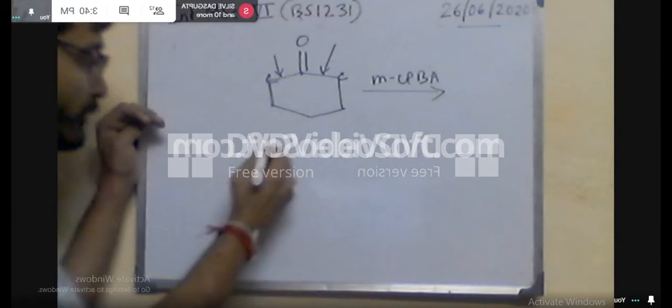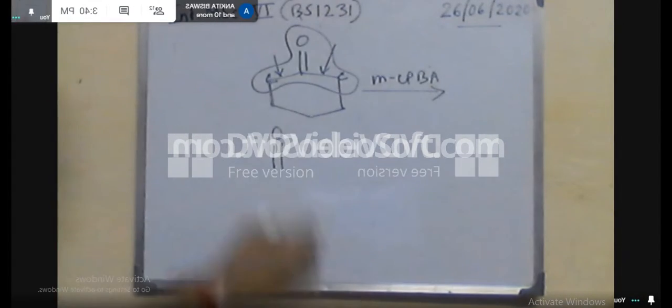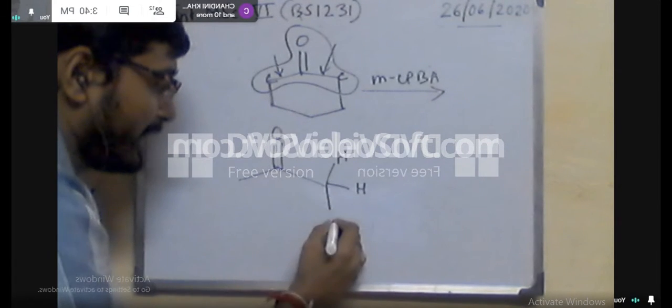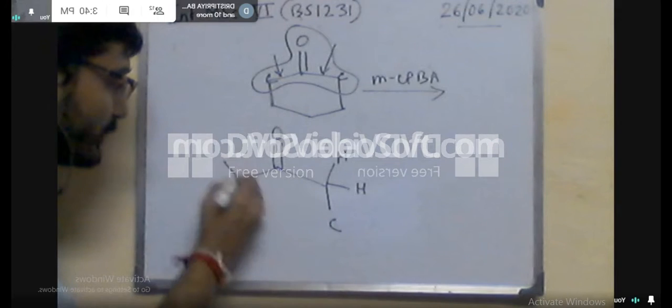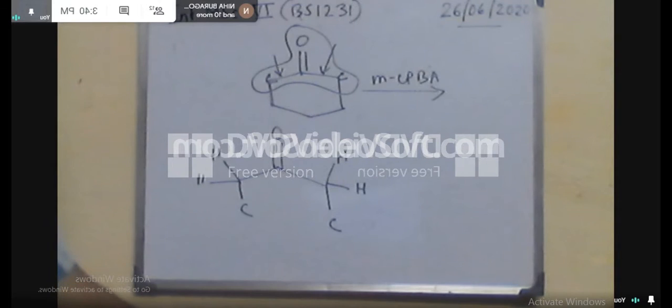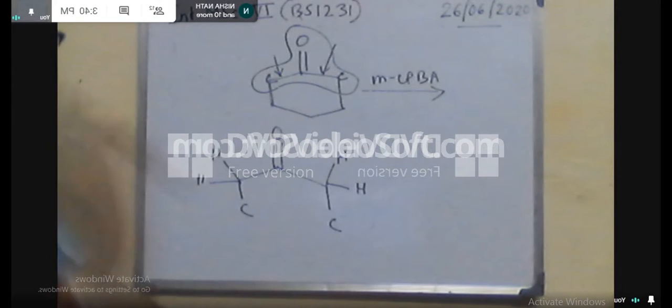Now during this migration, our target, say if this is the ketone, by Baeyer-Villiger oxidation you will get the structure with formation of the carbon oxygen bond and formation of the migratory group and oxygen bond. So it will be maintained in the Baeyer-Villiger oxidation. So we will apply the same concept here. Forget about the ring system. We are considering the substituents this way.